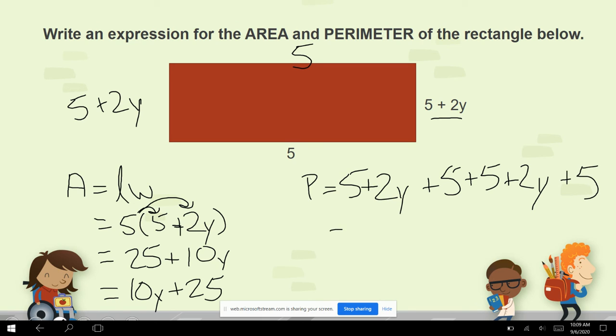Now we combine our like terms. We have 2y and 2y, which gives us a total of 4y. We have 5, 5, 5, and 5, which gives us a total of positive 20. So our perimeter is 4y plus 20.